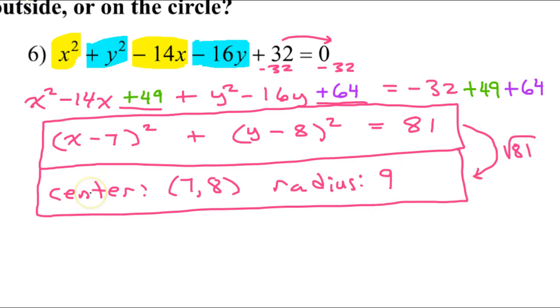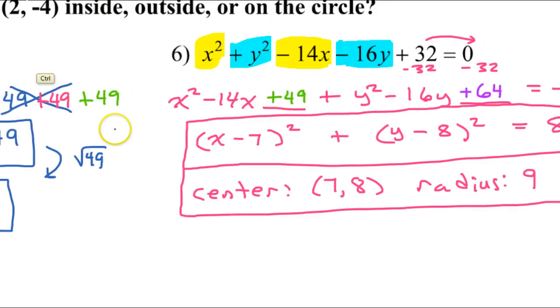All right, so finally, we're supposed to figure out is the point 2 comma negative 4 inside, outside, or on the circle. So all we need to do is take this point and plug it in and see what happens. So I'll put in 2 for x and negative 4 for y. If I do that, then I will have 2 minus 7 squared, plus negative 4 minus 8 squared.